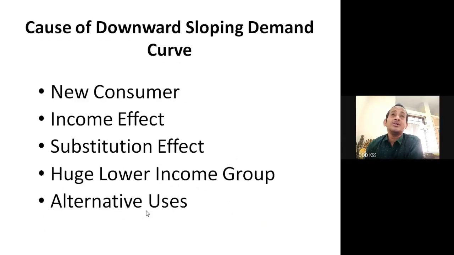Then the second reason is new consumers. When the price of a good or service falls, new consumers start consuming that product. Due to that, the demand curve has a downward sloping movement.